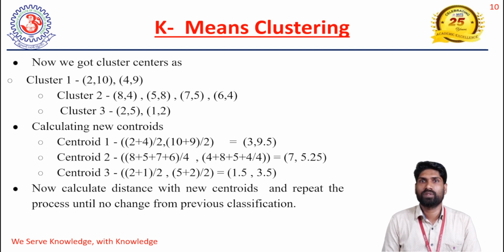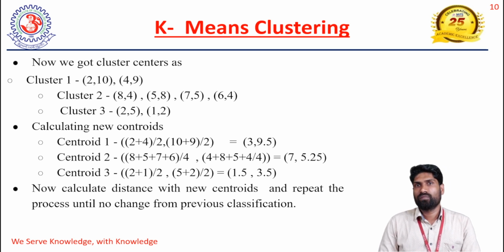It will become 3 and 9.5. So the first centroid is changed. In the same way, centroid 2. Earlier it was 5, now it is 4, and 6 comma 6 is changed to 7 comma 5.25. So that is also changed. Centroid 3 has no changes.